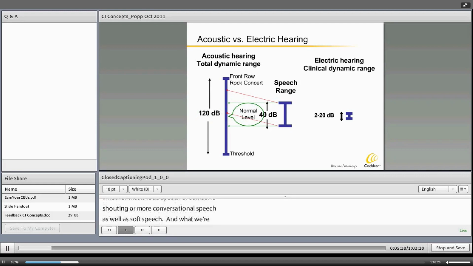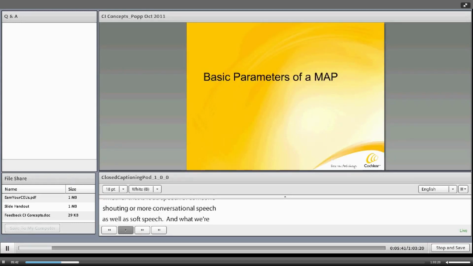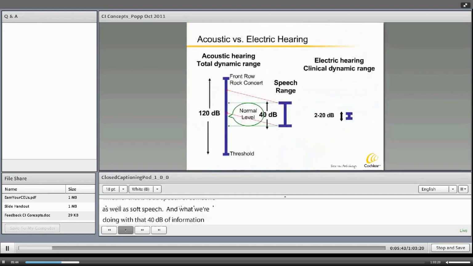And what we're doing with that 40 dB of information coming in through the system is trying to compress it into a range of 2 to 20 dB of electrical hearing that any one individual may have. That 2 to 20 dB of electrical hearing clinical dynamic range is a physiological restriction of the auditory system, so it is universal.